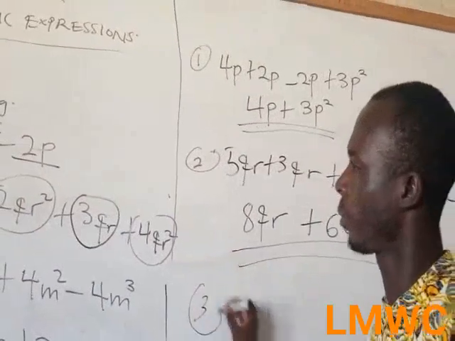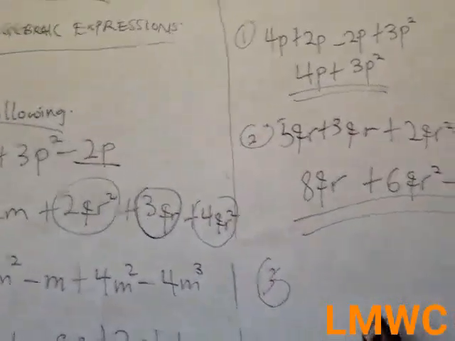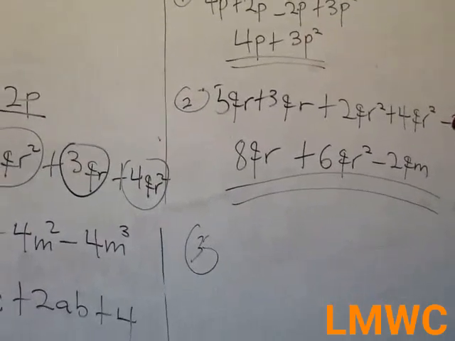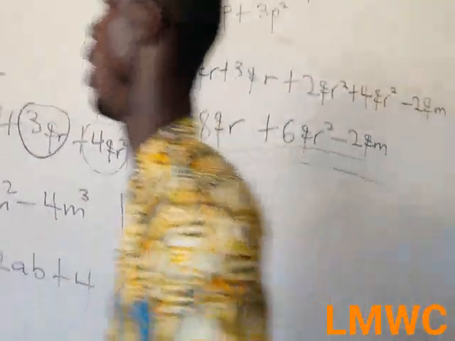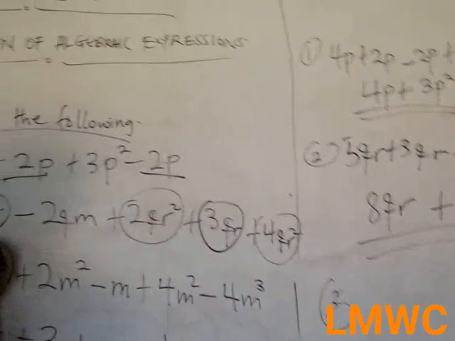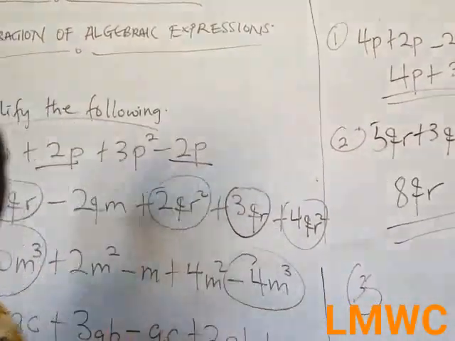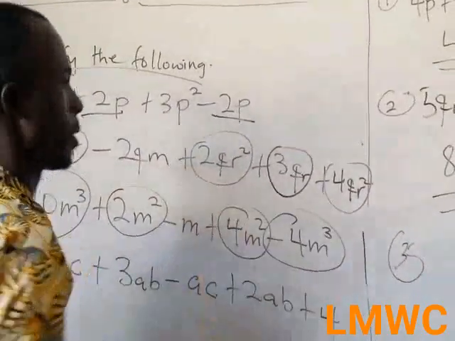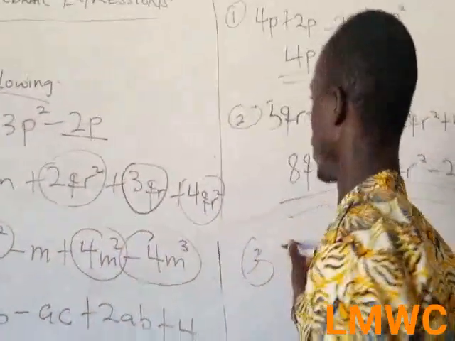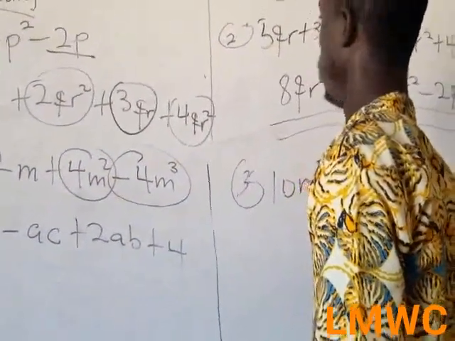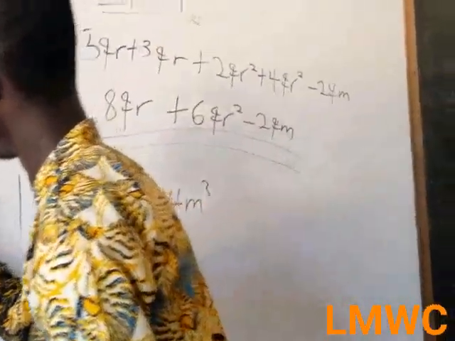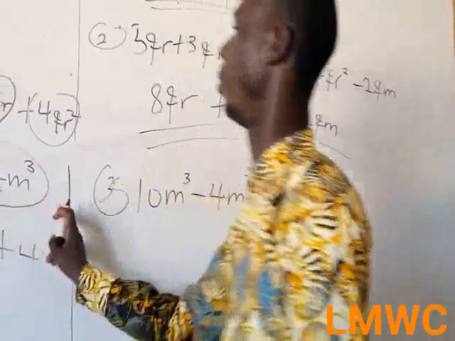Question 3. 10m cubed plus 2m squared minus m plus 4m squared minus 4m cubed. Now, this and this, they are like terms. This and this two are like terms. This means you can add and subtract. So 10m cubed minus 4m cubed. Take note, because this negative is for this 4m cubed.